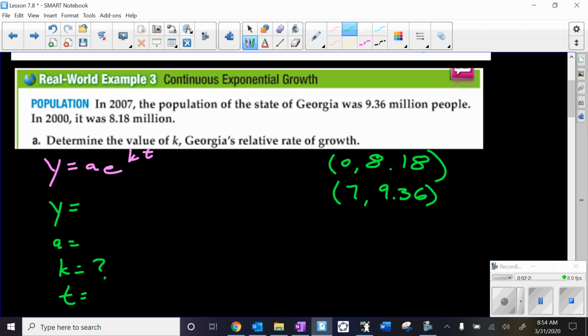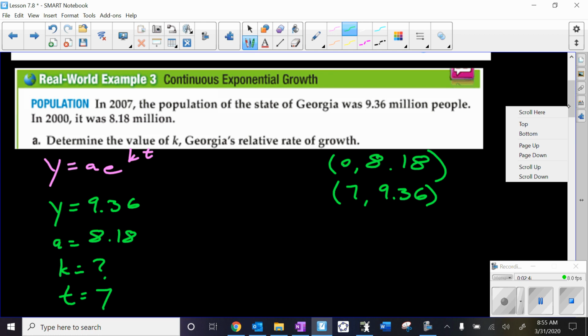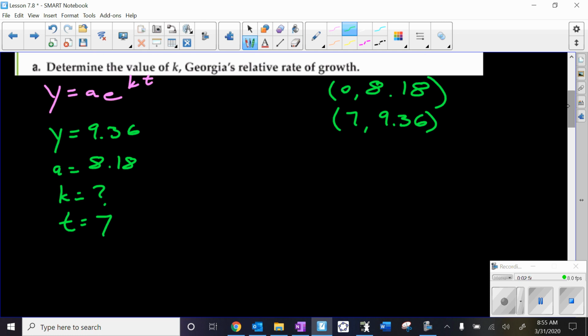That is 8.18. In year 0, that's my population. After 7 years have passed, so time t is 7, I had 9.36 million people. And now we can plug in our stuff and find the value of k out of this.